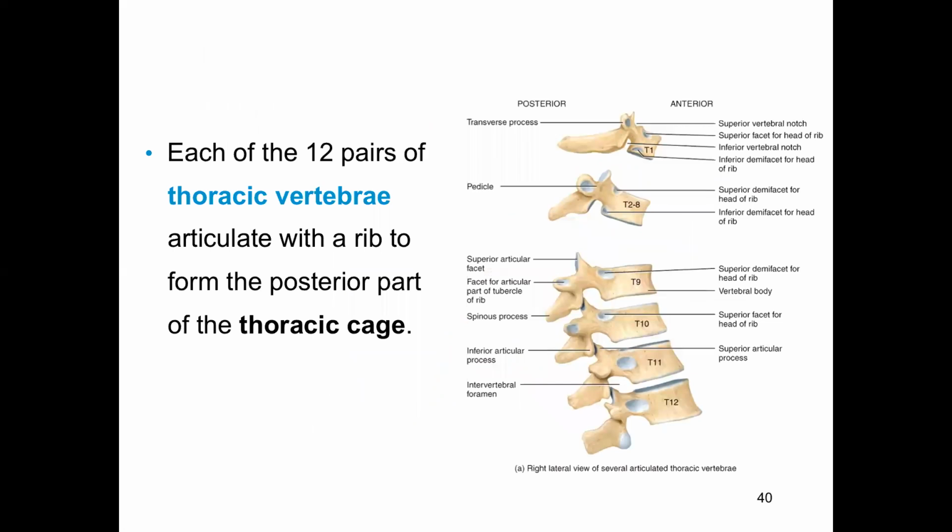So here you can see each of the 12 pairs of the thoracic vertebra are going to articulate with a rib of the thoracic cage. So these are your 12. And then you can see the articulation surfaces, which are out here. So this is another way you can tell a thoracic vertebrae, because they're the only ones that will have these facets.